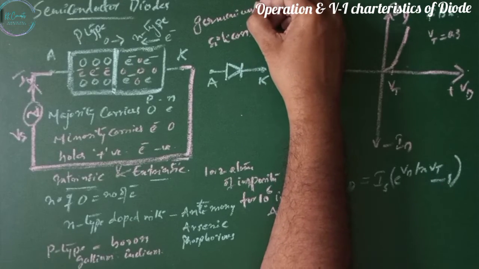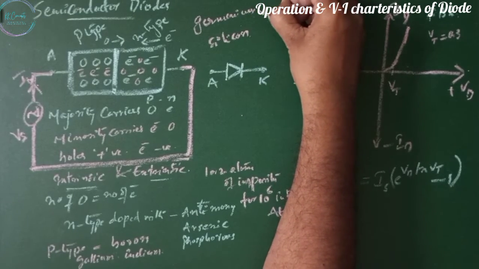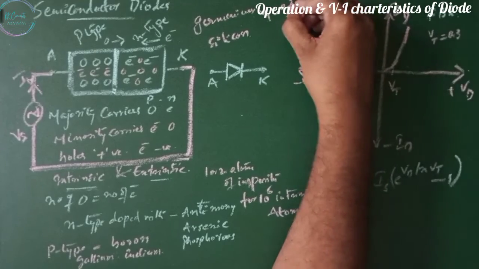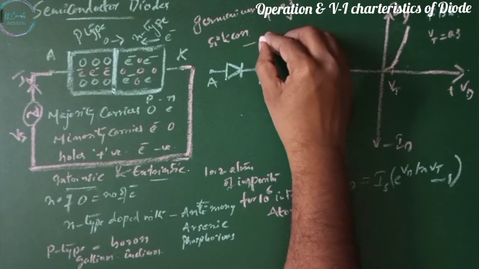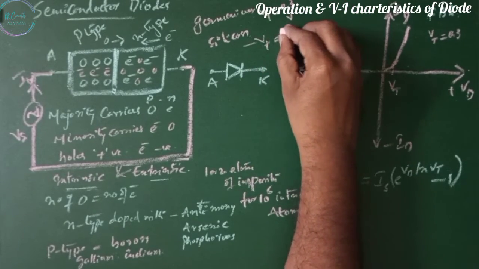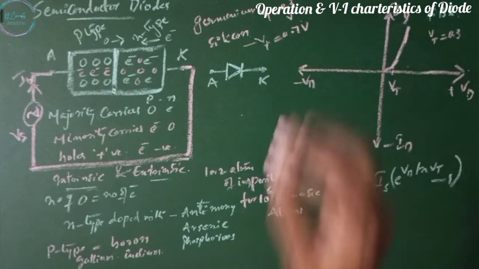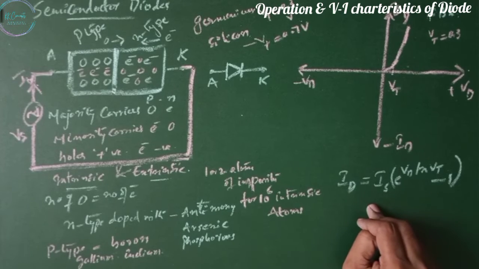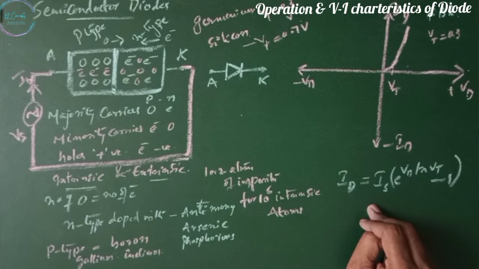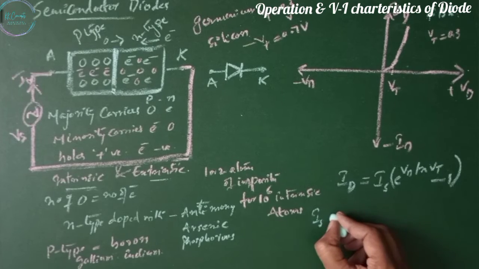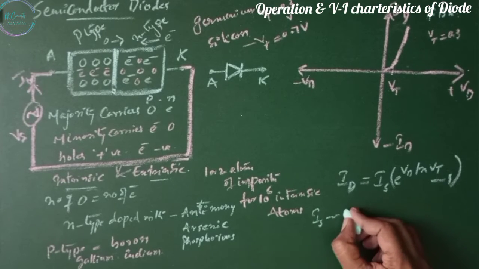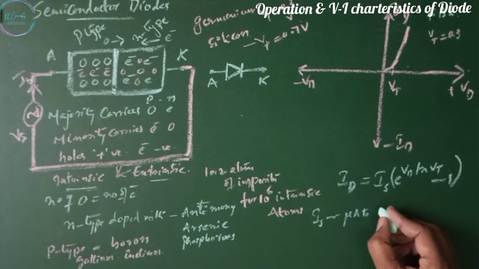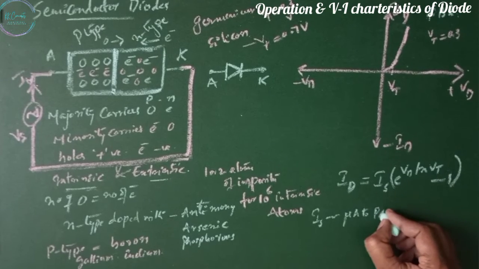For germanium, VT equals 0.3 volts, whereas for silicon, VT equals 0.7 volts. Here ID is the current through the diode in amps. IS is the leakage current, typically in the range of microamps to picoamps.